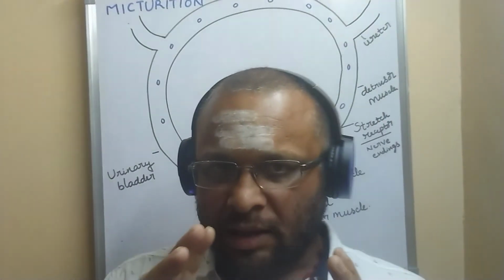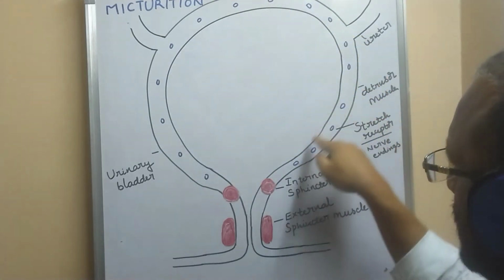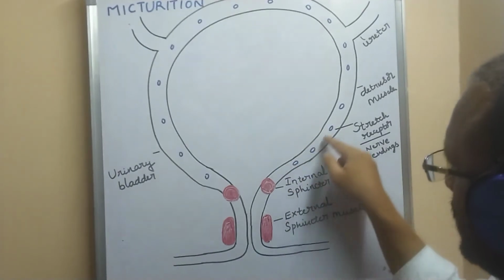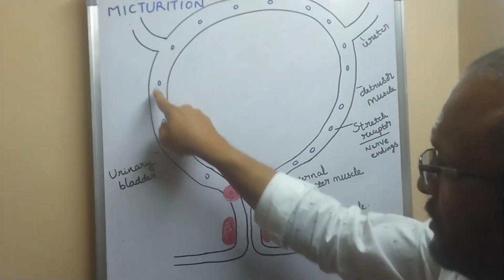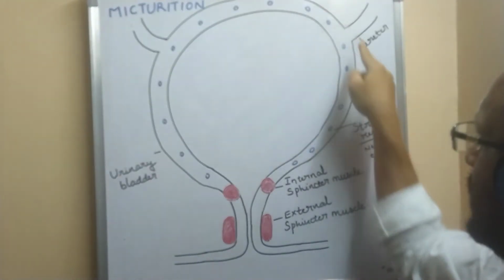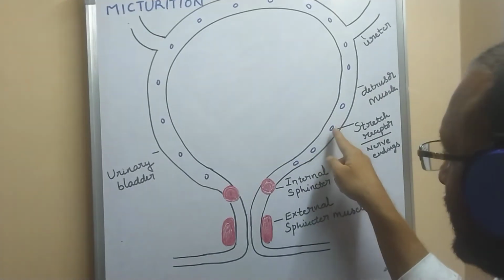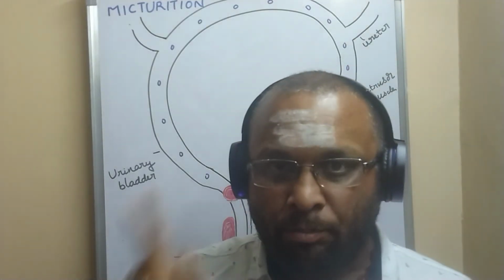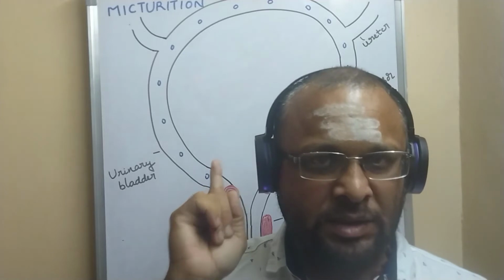The urinary bladder muscles have nerve endings. These are the nerve endings, you can see the blue colored structures. They get activated, and they send a nerve impulse to the spinal cord.